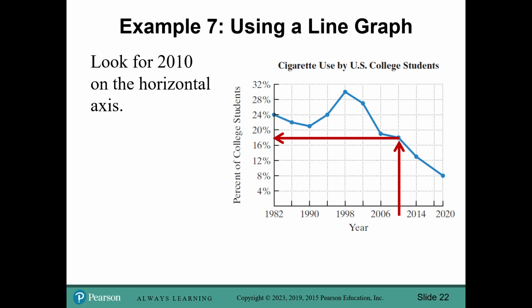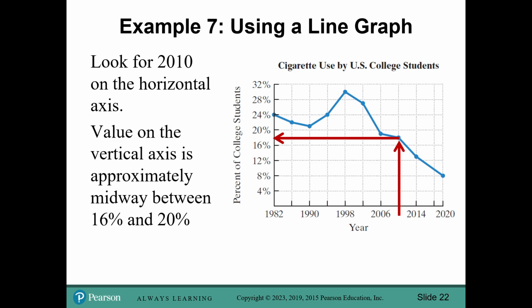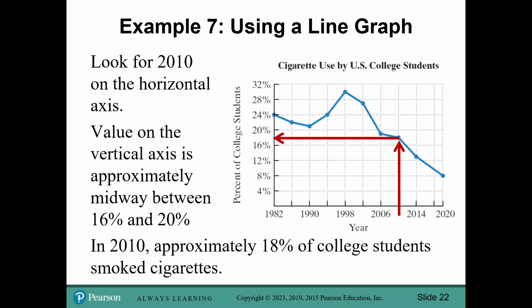Then we will make an estimate on that percentage. The value on the vertical axis is approximately midway between 16 and 20%. Well, what is midway between 16 and 20%? That should be approximately 18%, because 18 is halfway between 16 and 20, and that is approximately where that point hits. So in 2010, approximately 18% of college students smoked cigarettes.